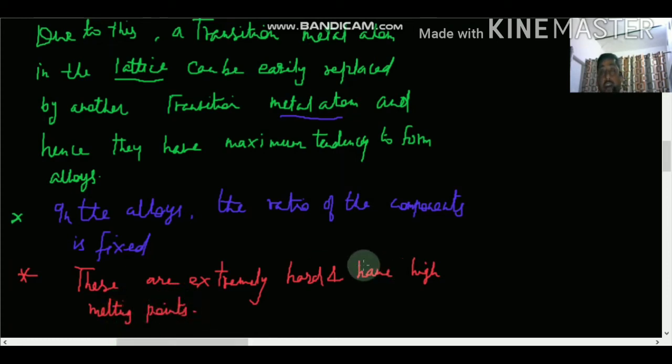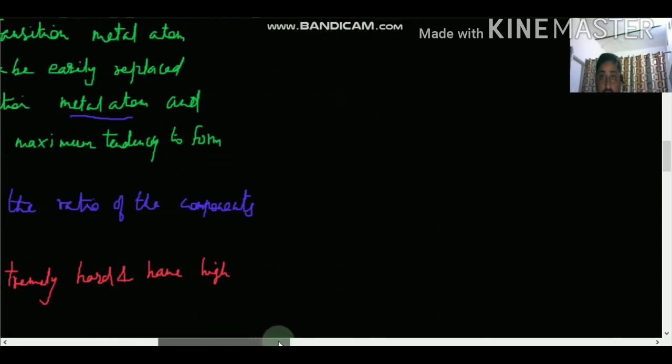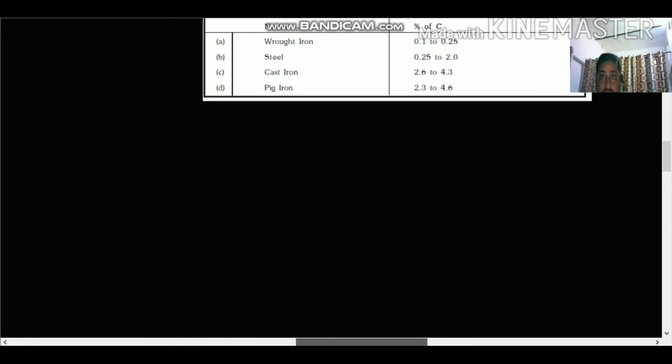That's why in making machinery, utensils, etc., alloys are preferred rather than the simple metals. So these are some properties of alloys, their formation and the reasons.